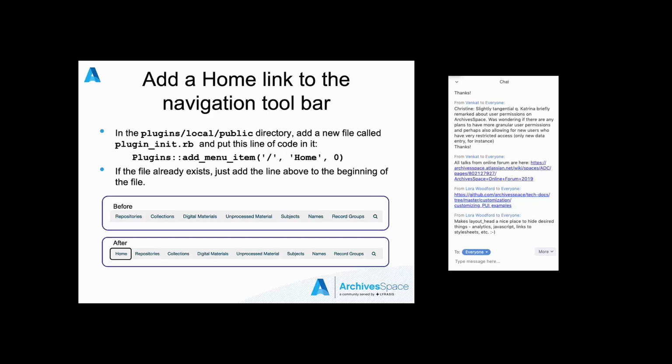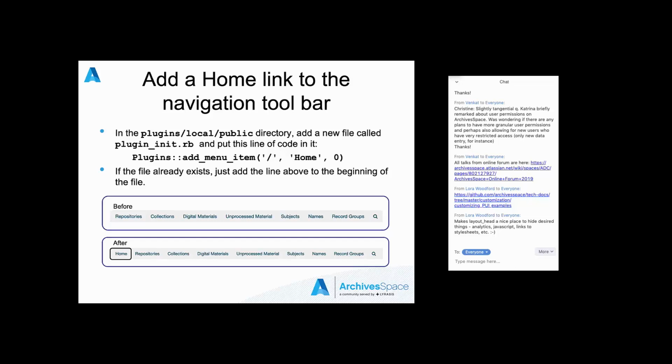Basically what this line of code does is it adds a menu item, which is what the method is, and then it has 3 parameters that you need to add. The slash, that's the first parameter, takes it to the top level of the application, which is the home page. The middle parameter is what text you want the home link to have, and the last parameter is 0, which means I want it at the very beginning of the nav toolbar line.